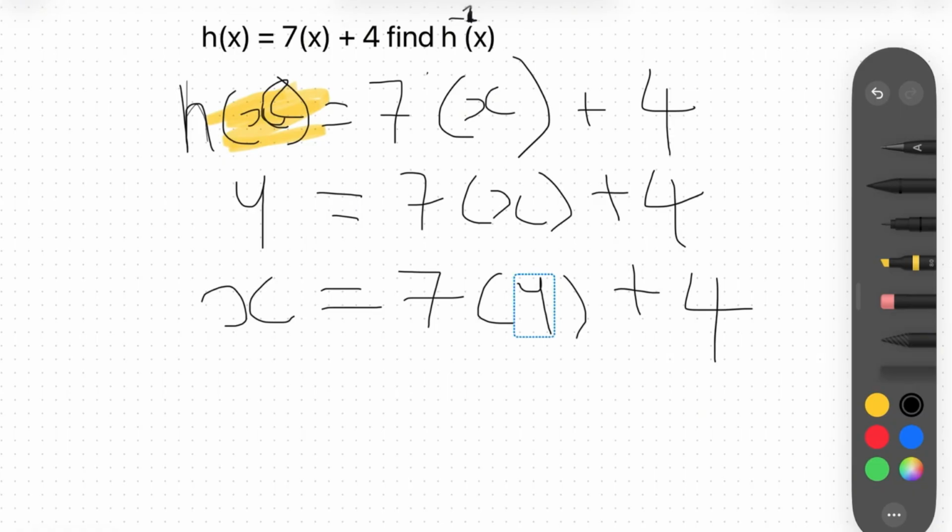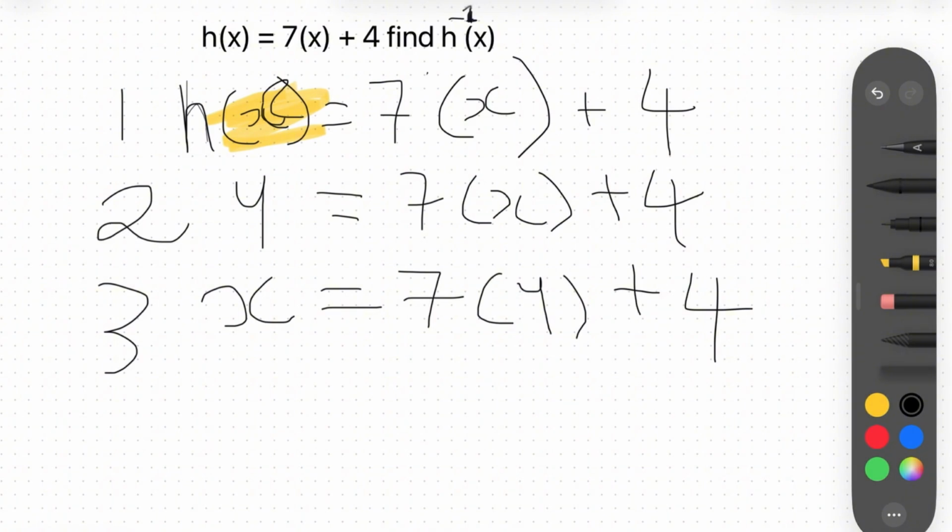So what is different from this step, which I'll call step 2, than what we did in step 3? In step 2, we only changed the letter that is in front of the equal sign.